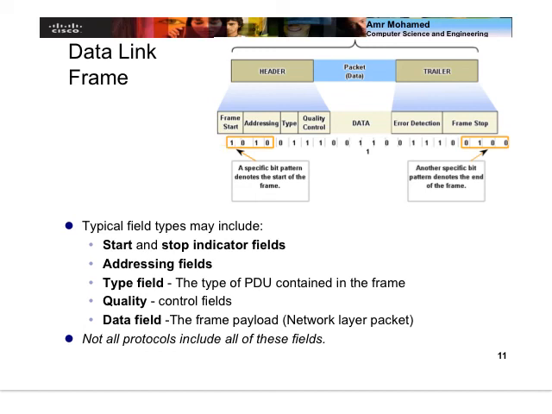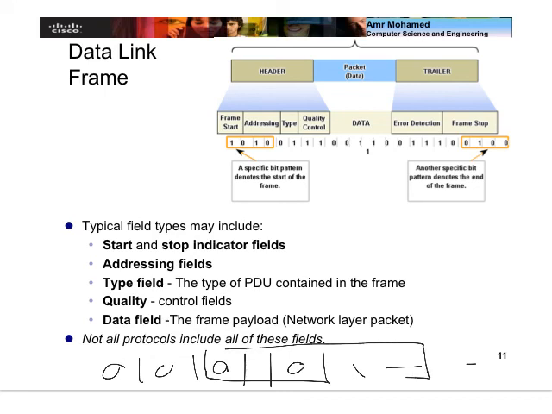So when the data link layer receives the bits from the physical layer, it will be a stream of continuous ones and zeros. So how would I know that starting from here I have a new frame, and this frame will end here? This is the important function of the frame start and frame stop.